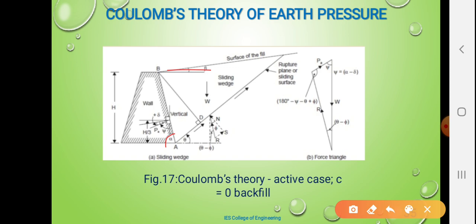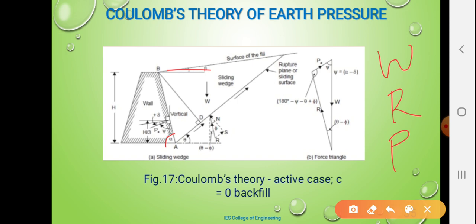Here the sliding wedge is in equilibrium under three forces: W, R and Pa. W means weight of the sliding wedge, and R is the reaction acting at an angle phi to the normal, and the active thrust Pa acts at a height of h by 3 from the base, making an angle delta to the normal.